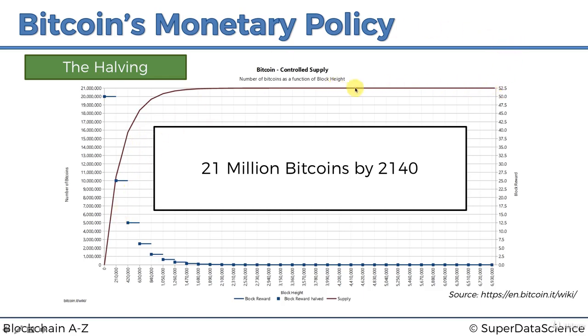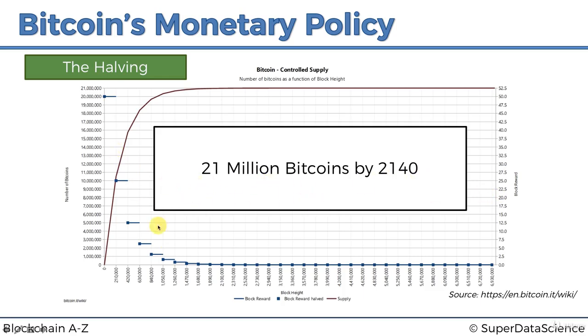It will converge to a certain amount, and in fact, simply because there is a limitation in the accuracy of how much you can divide a single Bitcoin by, the final bitcoins that will be released as a block reward ever will happen in 2140 at 21 million.